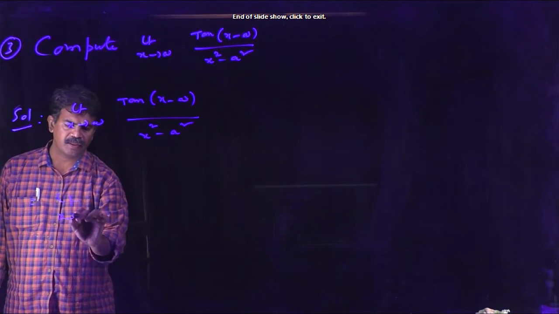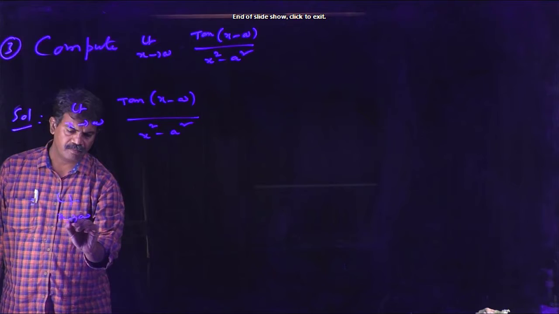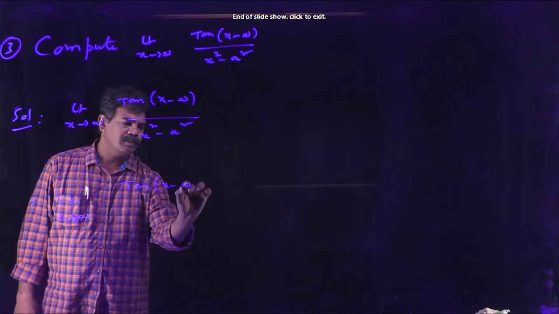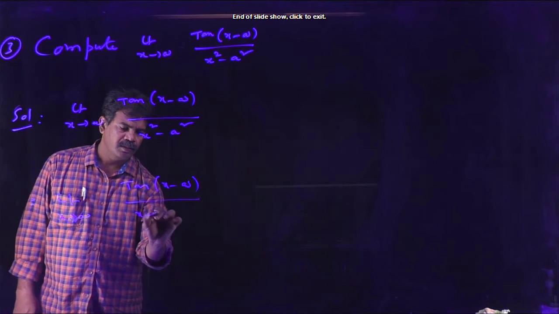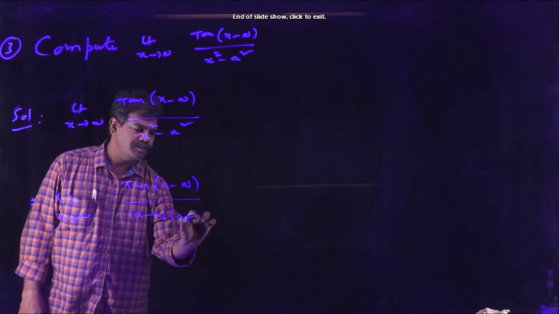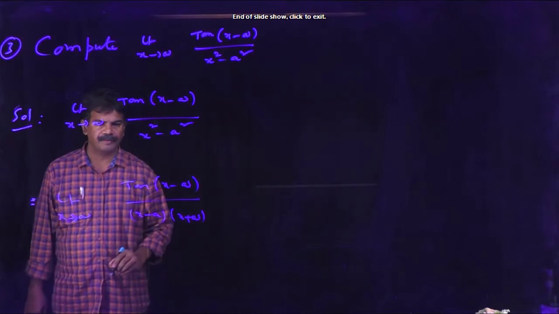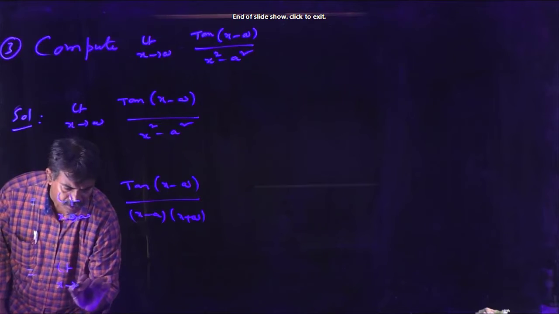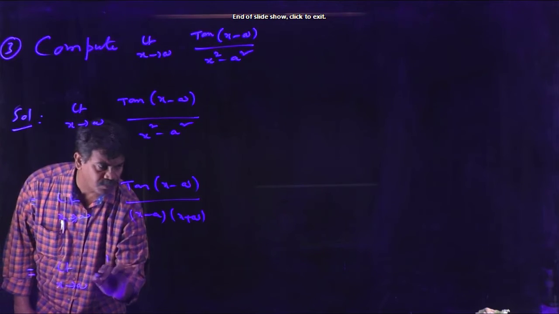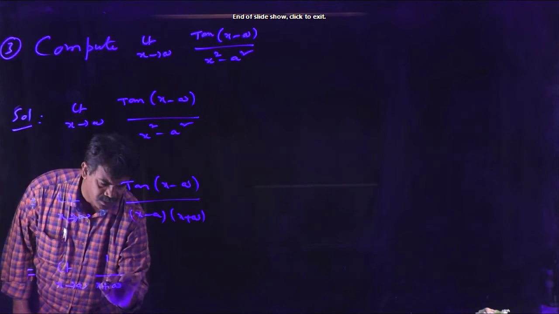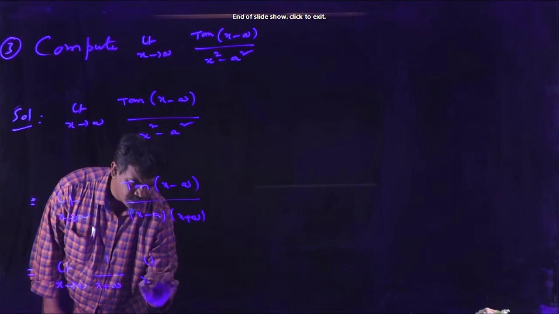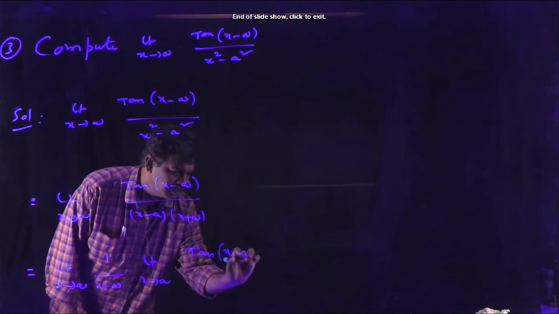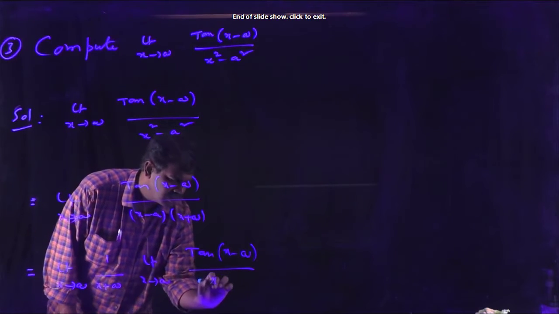It is limit x tends to a, tan of x minus a by x minus a into x plus a. That is equal to limit x tends to a, 1 by x plus a, into limit x tends to a, tan of x minus a by x minus a.